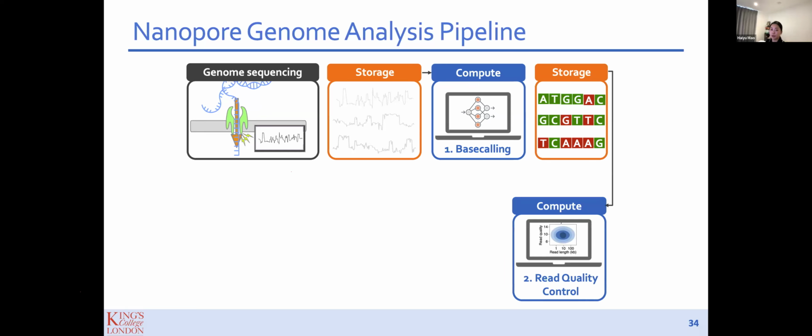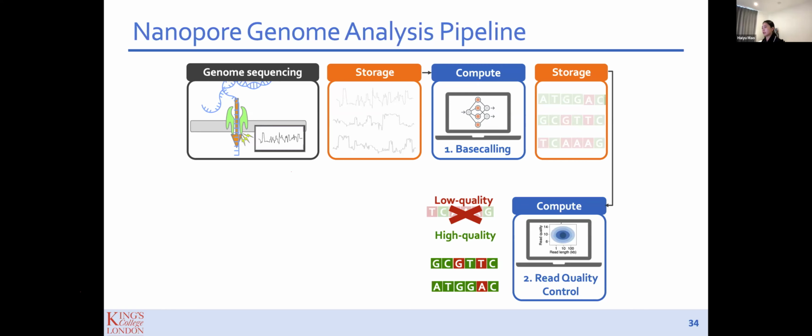The next step is usually read quality control, where, as you can see, the green one means high quality, meaning that we can trust this machine. The red one means that the quality is not that high, and I cannot really trust the translation of this signal. In read quality control, we discard these low-quality reads, and store the high-quality reads in the storage.